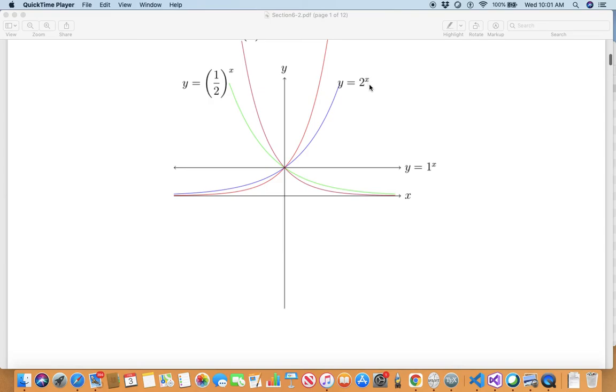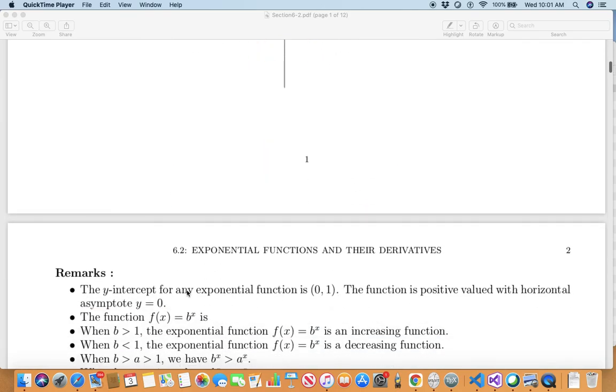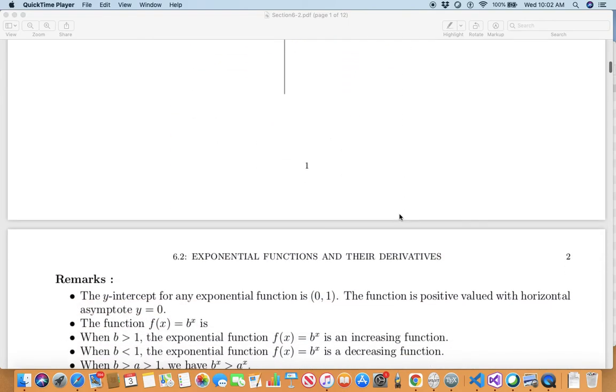No matter what exponential, you are never going to be negative valued. 2 to the power anything is going to be positive, 1 to the power anything is 1, 3 to the power anything is going to be positive, likewise 1/3 or 1/2 to the power anything. So first of all, it's positive valued. And other than this constant function, all these other functions have the x-axis as horizontal asymptote. The x-axis is nothing but the line y equals 0.